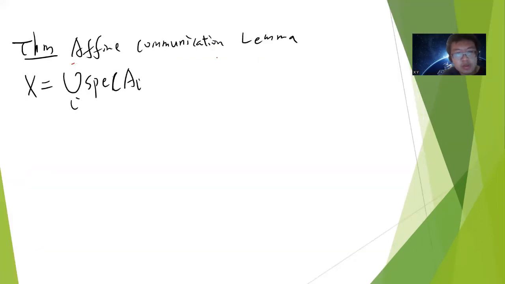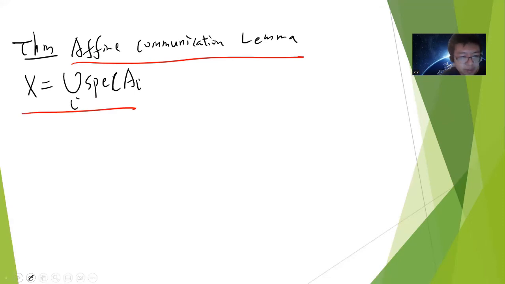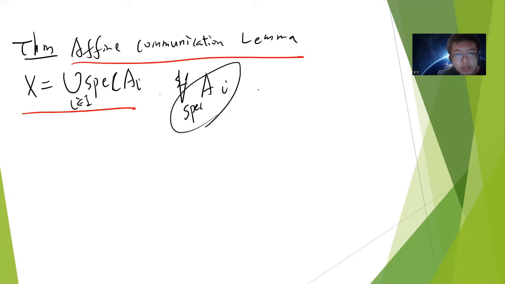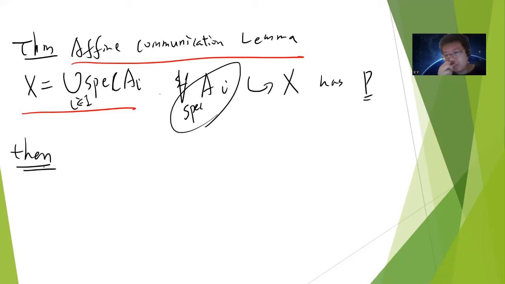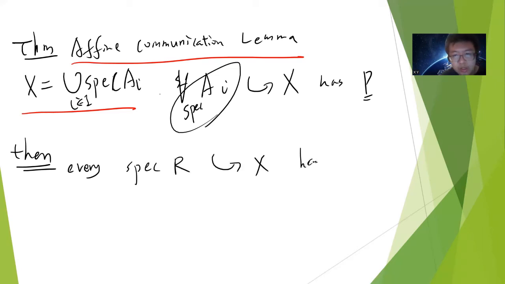Okay, so if X is this, and all the I can be arbitrarily large, if for all Spec A_i in X has P, which is affine local, then every open affine cover has property P, and every Spec R in X has property P. Okay, so this is very powerful, right?